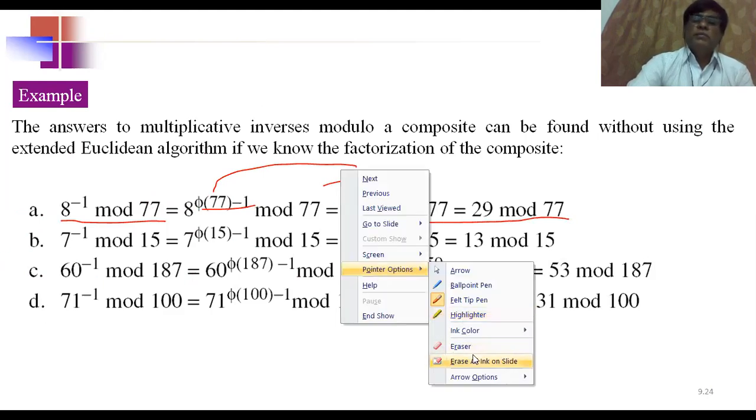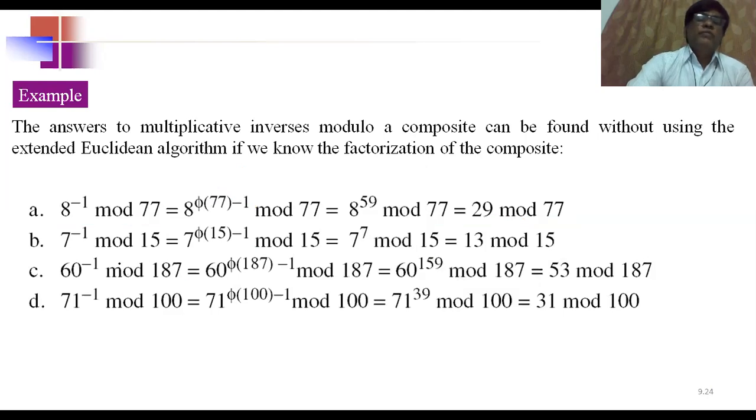Similarly, the second example: 7 inverse modulo 15. 15 is a composite number, so this is equal to 7 power phi of 15 minus 1. What is the phi of 15 value? Phi of 15 is equal to 8.